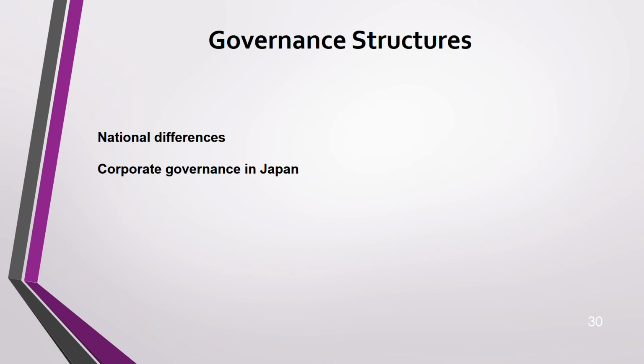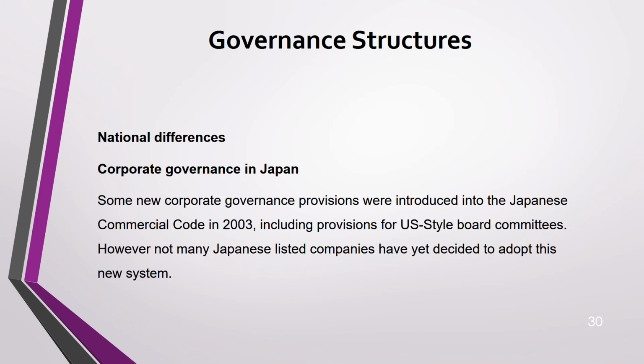Now let us come to Japan, because we are talking about national differences, how corporate governance is different in different countries. In Japan, in 2003, they introduced the Japanese Commercial Code. Not every country will say corporate governance code. The term might be different, but the meaning is the same. In UK, we have the UK Combined Code or UK Corporate Governance Code, but in Japan, it is known as the Japanese Commercial Code.